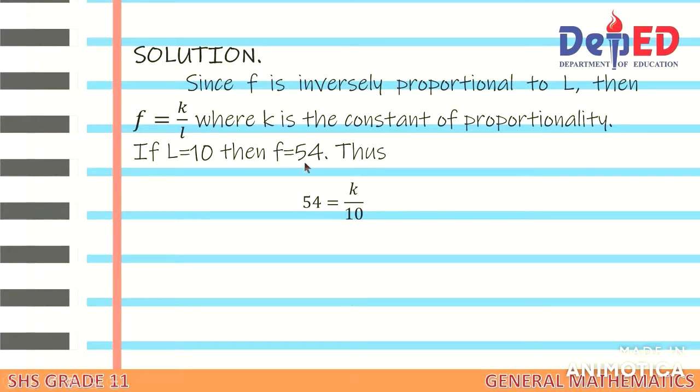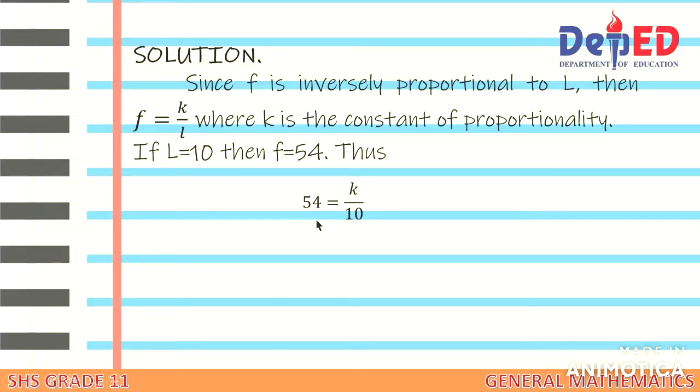So, 54 galing dito. 10 galing dito. Nawawala yung value ng K. Di pa natin alam kung ano yung value ng K. Okay? So, again, saan galing to? Dun sa problem. Sinubstitute lang natin from our equation.